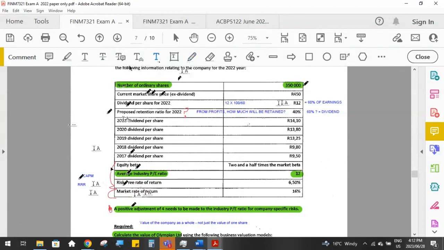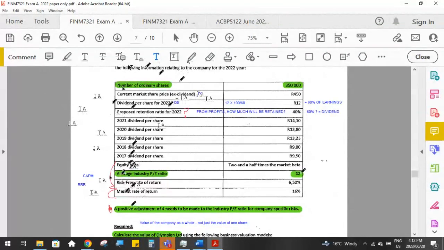So we know our last dividend is D times 0, or D0, which means the last dividend. Okay, so always put your little variables next to each bit of information. Current market, we know, is price at time 0. They're always going to be helpful for you.